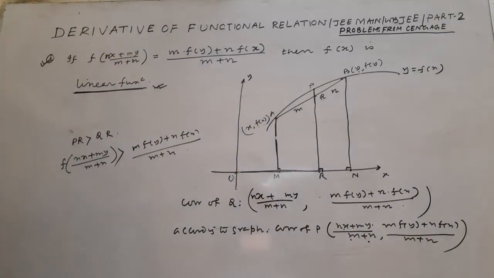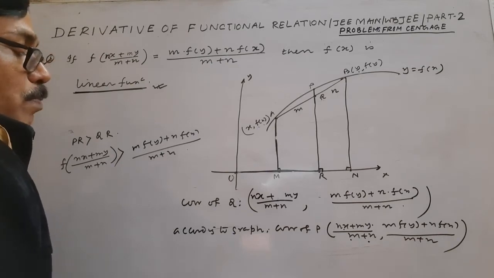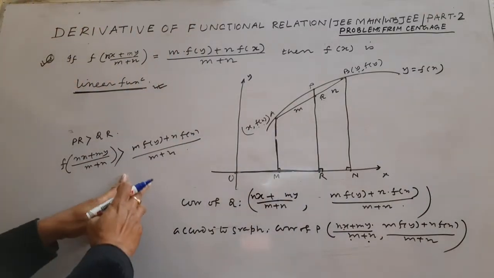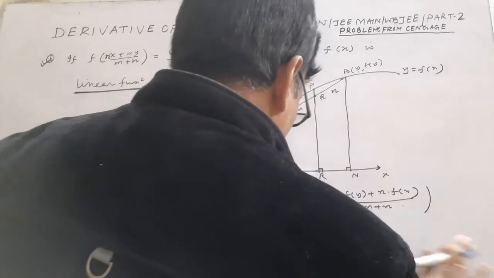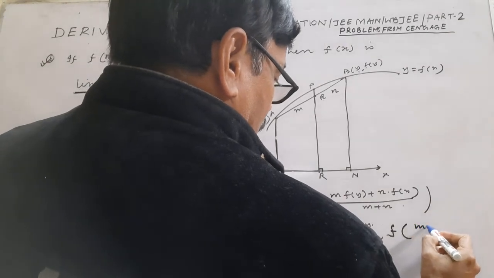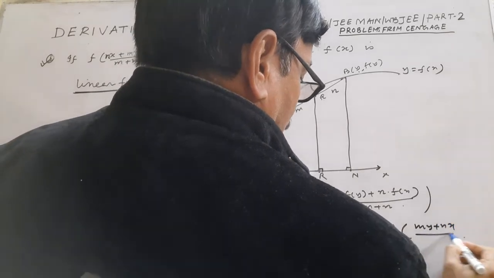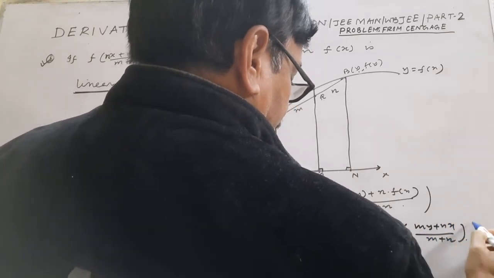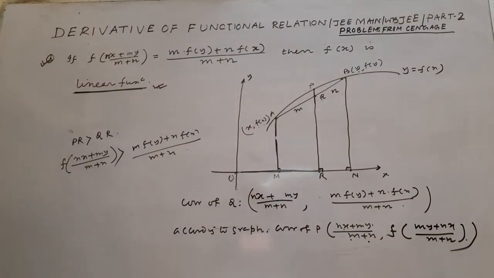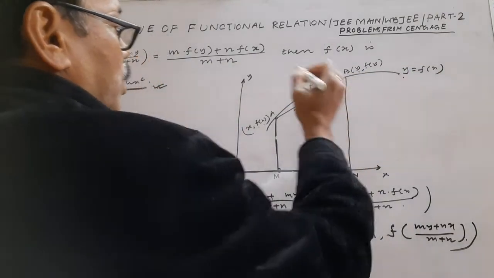So what is the y coordinate? x is replaced by this, so the y coordinate will be f((my + nx)/(m + n)), because the function is f(x). If we put x, we get y.